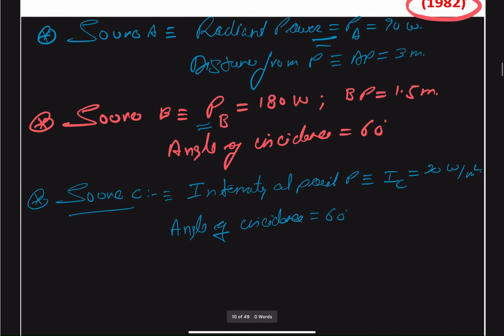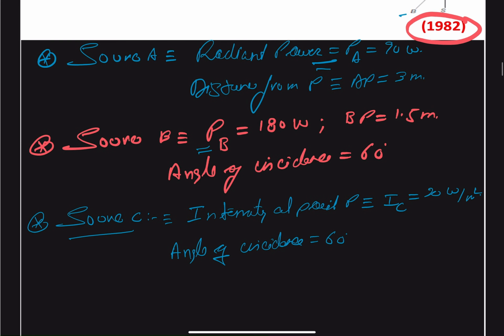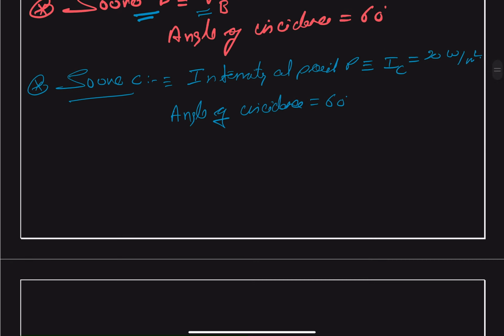So we have to find out the intensity due to source A and intensity due to source B, and for source C the intensity is already given to us.